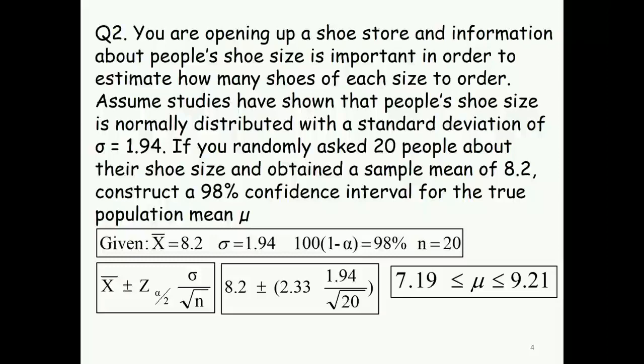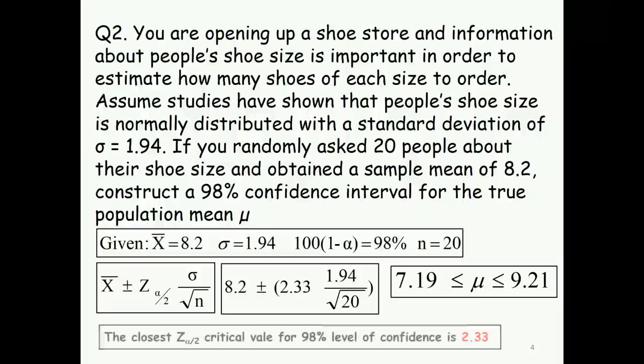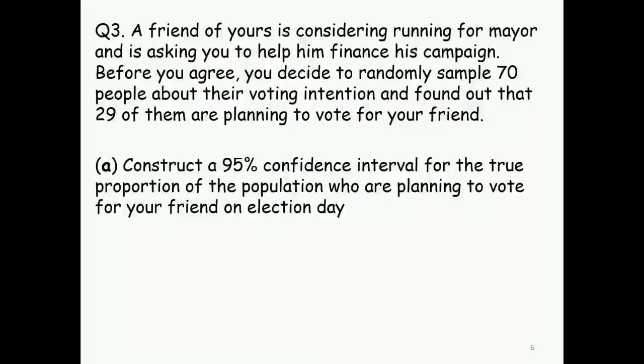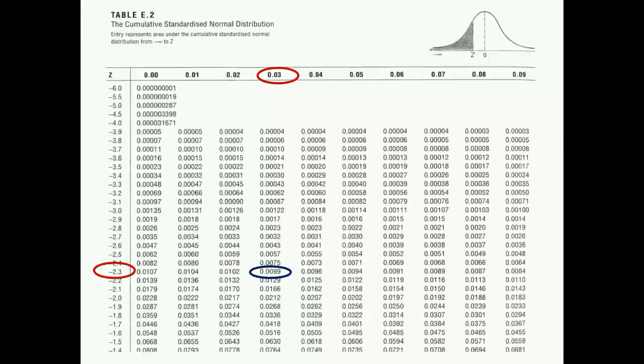On the left, because the Z table always gives the left. So I am trying to find the left one, the negative one. I am trying to search for 0.01 here. 0.01, this is the nearest. So minus 2.33 and plus 2.33. So 2.33 is the critical value.